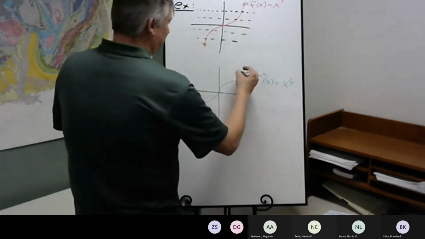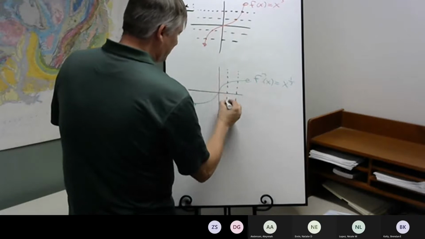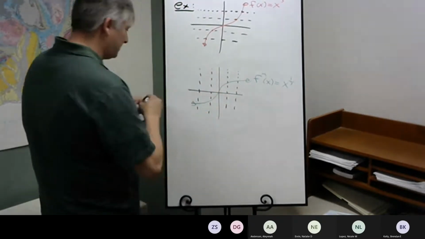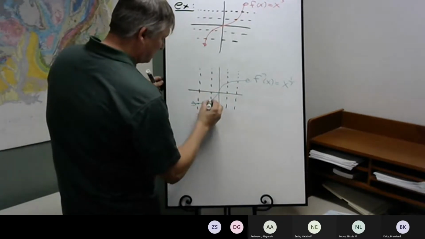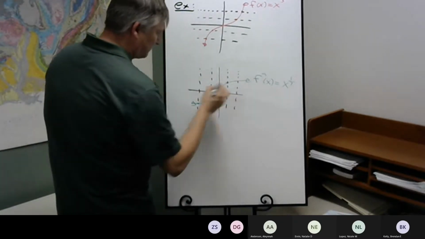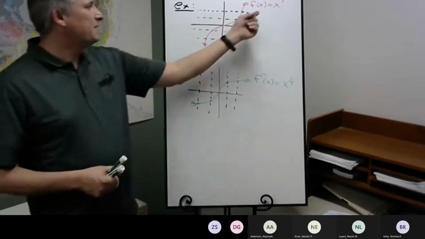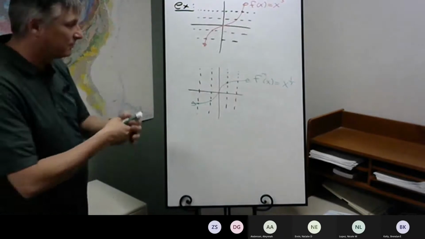So with the vertical line test, every vertical line intersects our function only once. So this means the inverse of this is going to be a function.